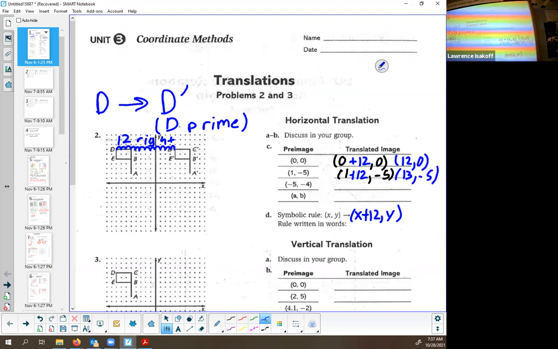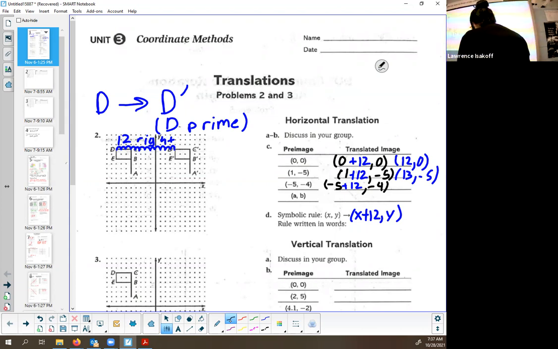Again, just going through here. This one starts out negative 5, but since I'm moving right 12, that means I add 12 to the X value, and the Y goes unchanged, negative 4. So what's negative 5 plus 12? 7, there we go.